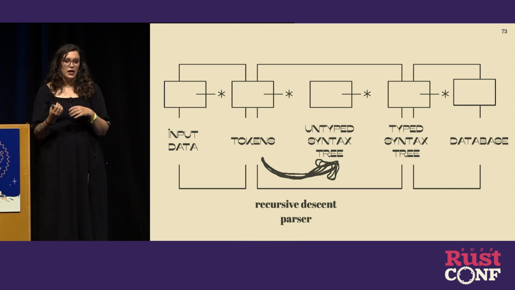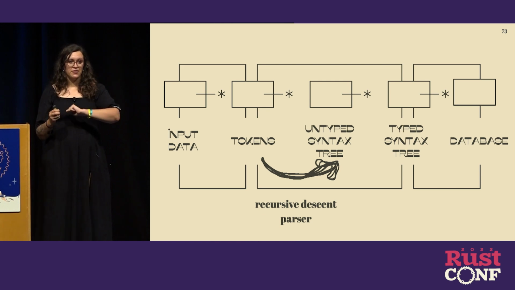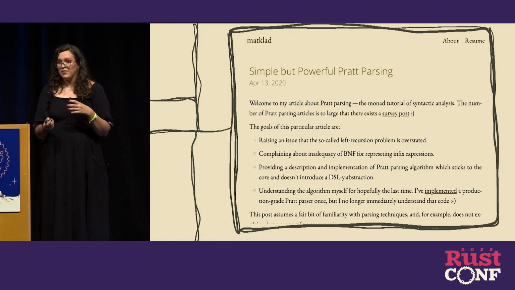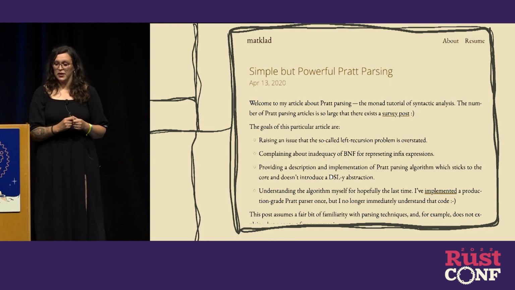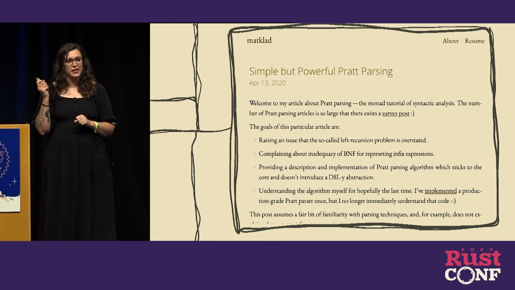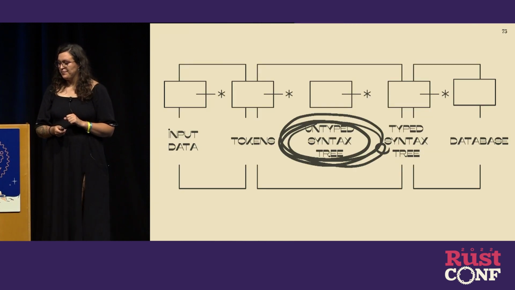It also allows us to be really, really specific about our errors, which is exactly what we want in a compiler that is meant to be diagnostics first. I won't talk too much about recursive descent parsing, but the blog post I was really inspired by is the one by Alexei Kladov called Simple but Powerful Pratt Parsing. If you Google for it, you'll get a really good post on that.